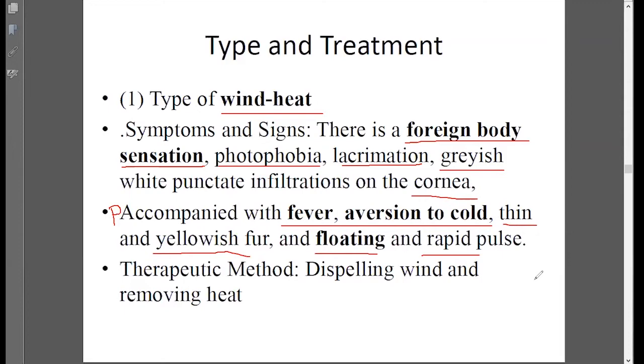They didn't put everything here, like stuffy nose, some kind of headache, sore throat, other symptoms when people have a common cold plus local symptoms. So disperse wind and remove heat, and benefit the eyes. That's the first pattern, the wind heat pattern.